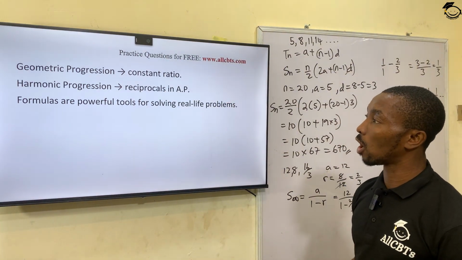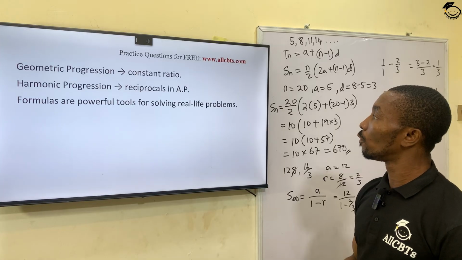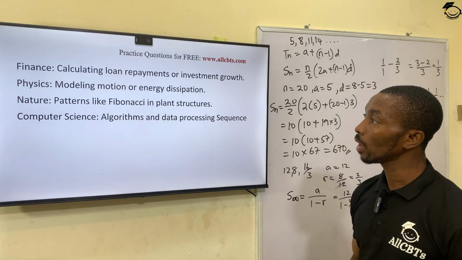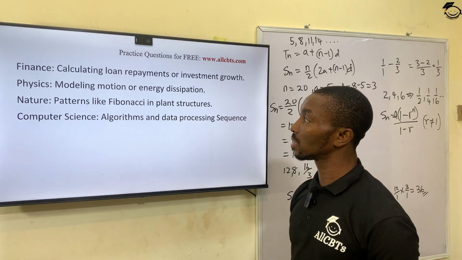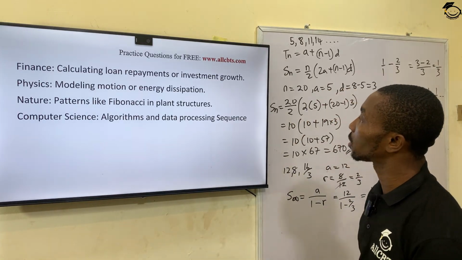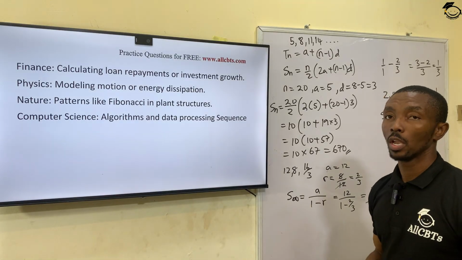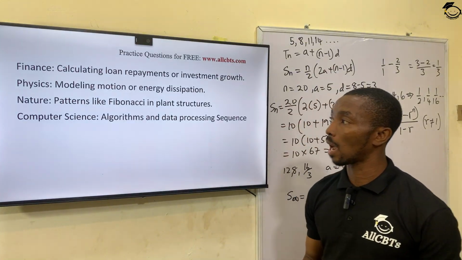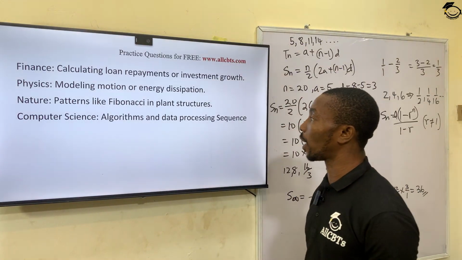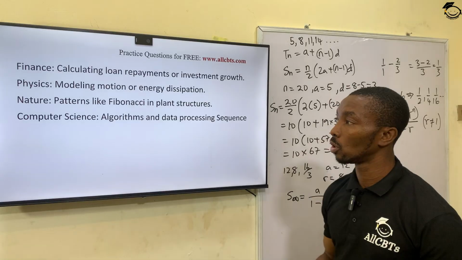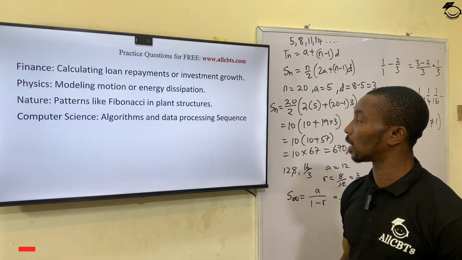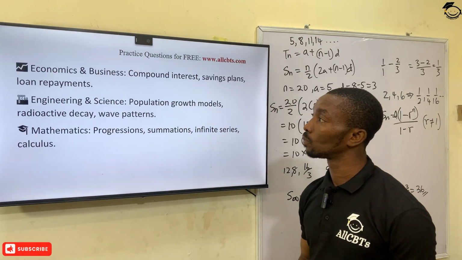Now, these are all powerful tools for solving real-life problems. They can be used in finance for calculating loan repayments or investment growth. They can be used in physics for modeling motion or energy, and in nature, like the Fibonacci sequence for plant structures. Also in computer science for algorithms and data processing.